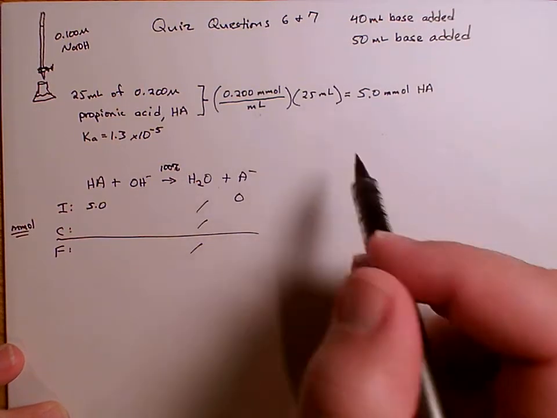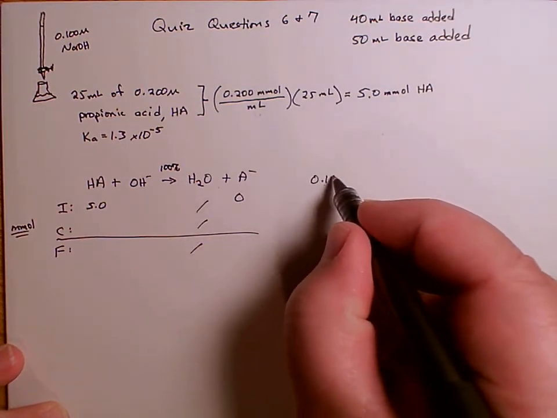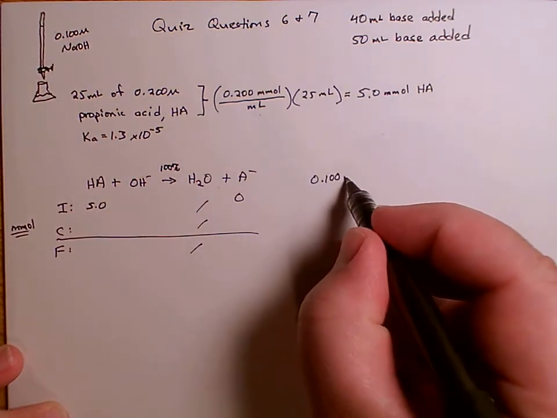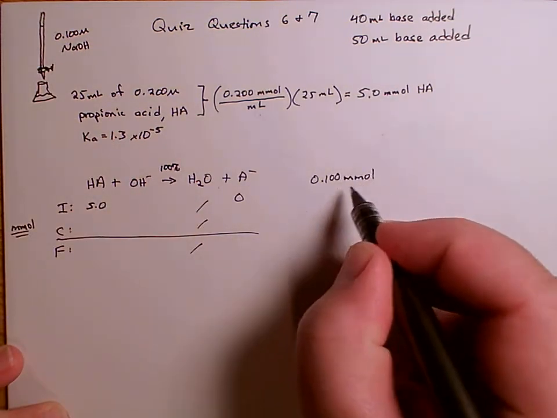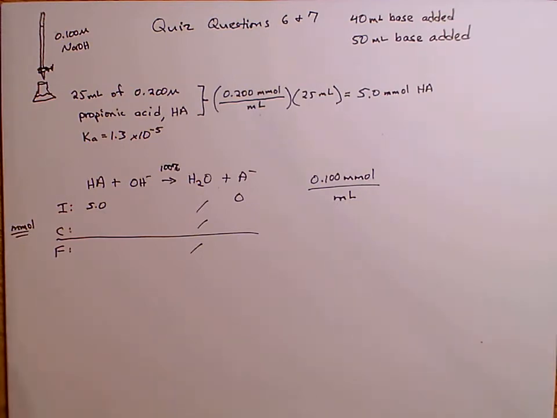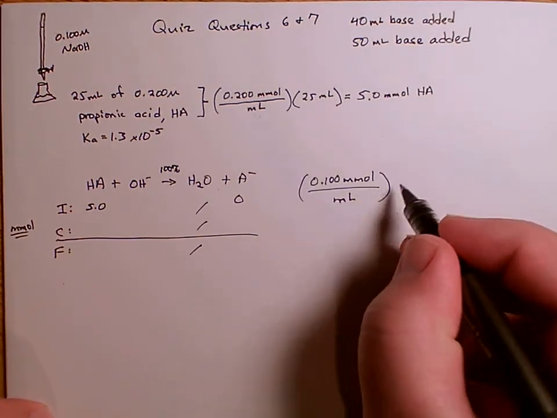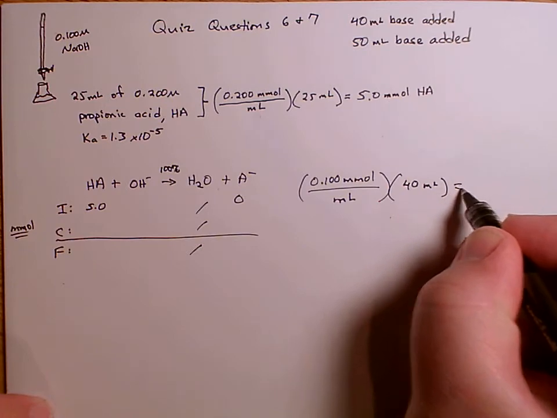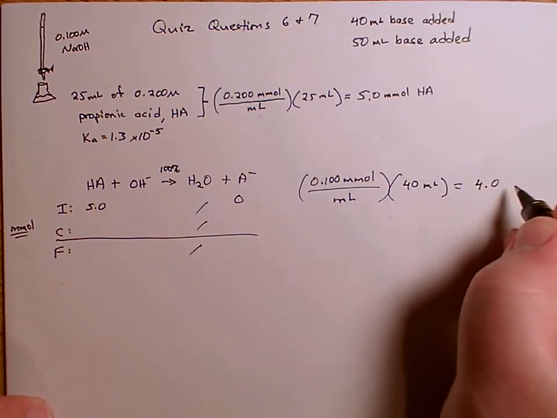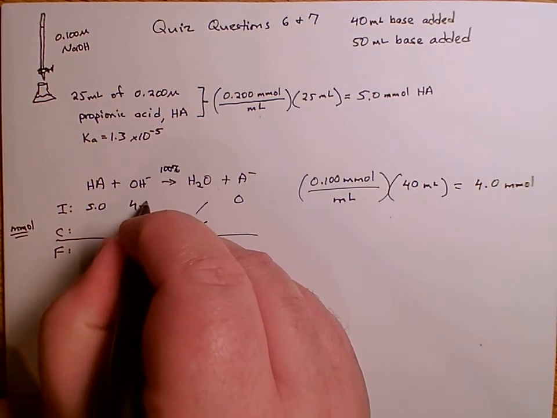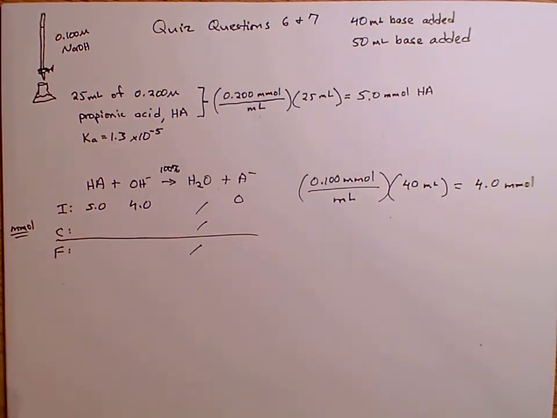Well, it's 0.100 molar, which is 0.100 millimoles per milliliter, times my 40 milliliters, equals 4.0 millimoles of base. So I know I've got 4.0 millimoles of base there.